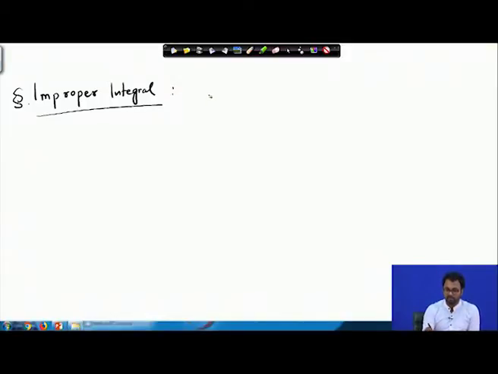So when we say an improper integral, we know that a definite integral can be written in this form, integral a to b f(x) dx, and when we say that this integral is improper, that means something is not good with this integral.